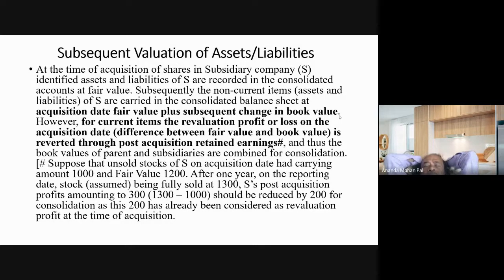That we add. In both ways we can find it. We can take simply the current book value 4,50,000 and add the initial revaluation profit 1 lakh, giving 5,50,000. In that way we have to find the subsequent value of assets and liabilities, non-current particularly, of the subsidiary.